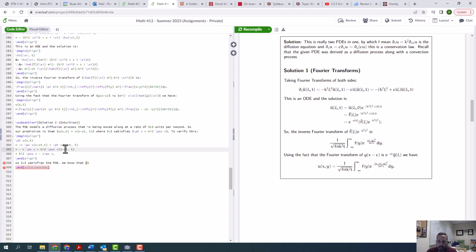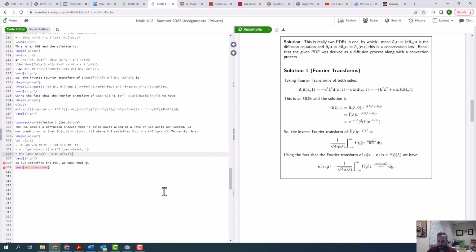Let me put the arguments for v here. Okay, so now what I meant going from this line to this line, this is the double x derivative of u of x,t, because that's what that is. And then this, well, that's a weird typo. That's a c, and this is the x derivative of u of x,t.